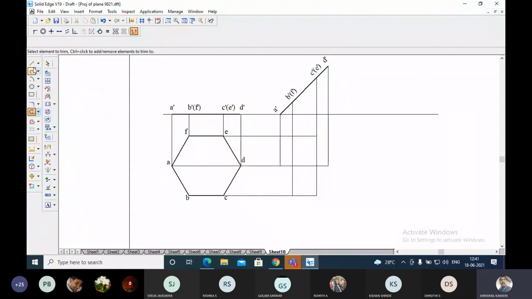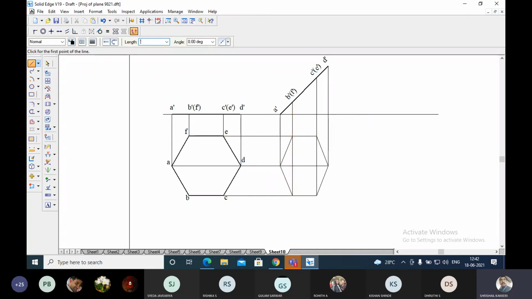Okay, let me draw the line from this point, at the end of this one, at the end of this one, at the end of this one, and at the end of this, at the intersection of this, and again at the end of this.